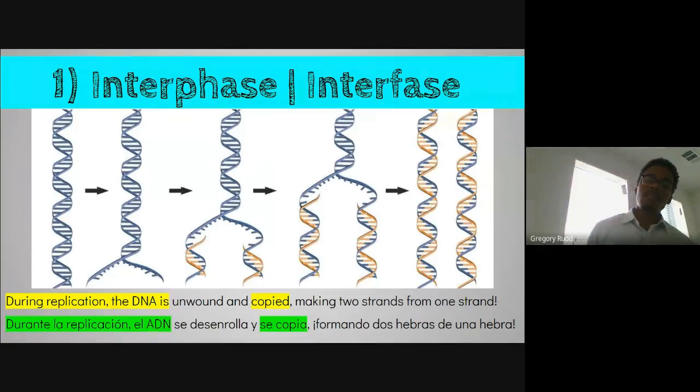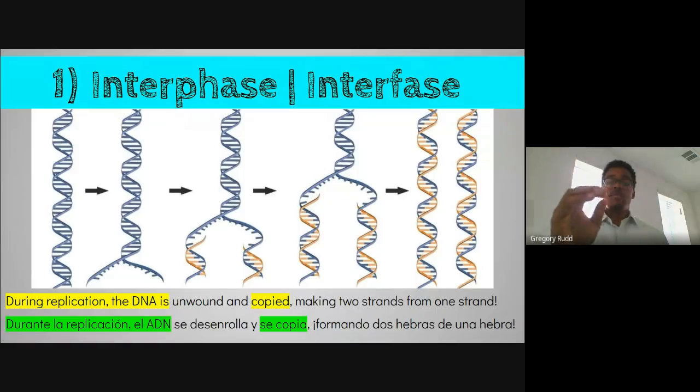Okay. So during replication, which is during synthesis of interphase, the DNA is copied. That's what replication means here. The DNA is copied.